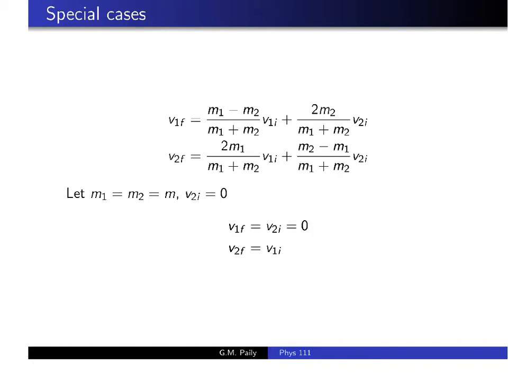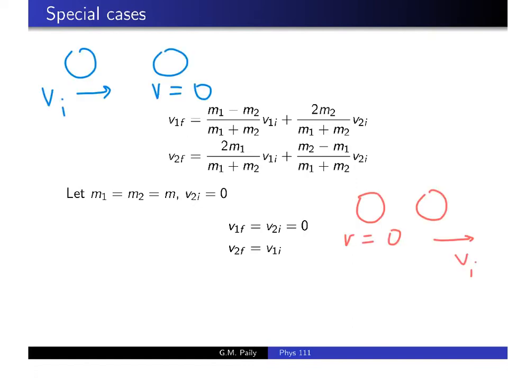Well, we see that v1 final becomes 0. This term disappears because v2 initial is 0, and this term disappears because m1 minus m2 becomes 0. So the first ball that was coming in comes to a stop. The ball that came in collided with the stationary ball.